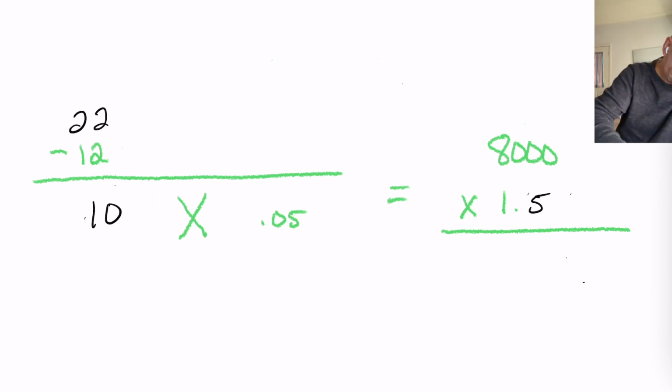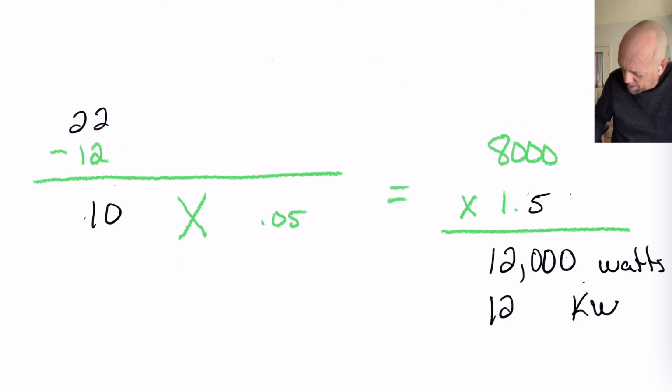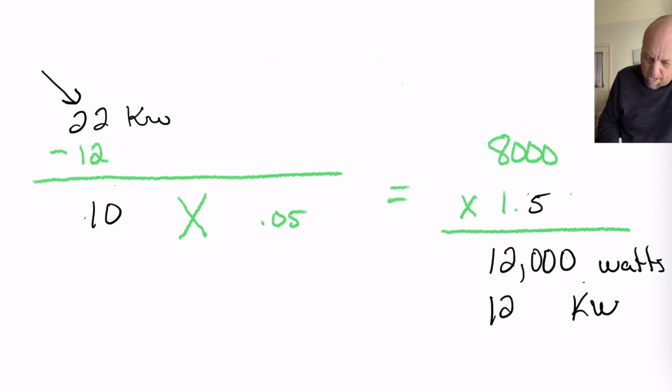And then 8,000 times 1.5 equals 12,000 watts, or 12 kW. So you went from 22 kW, and it dropped it down to, let's keep it in kW, dropped it down to that.